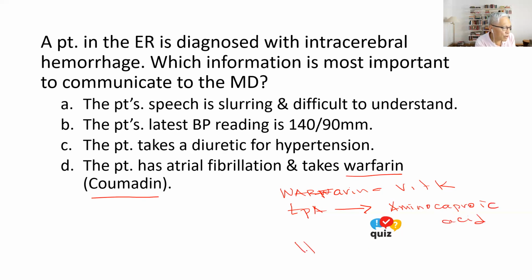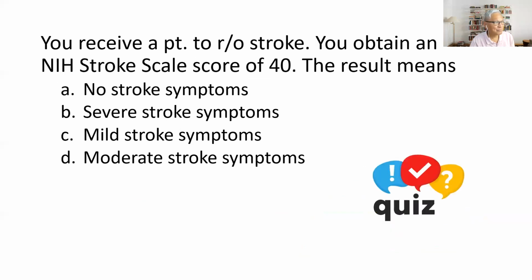And then, of course, for heparin, you all know that your antidote is going to be protamine. So these antidotes are important to remember. Okay, warfarin with vitamin K, TPA with aminocaproic acid, and heparin with protamine. Okay.